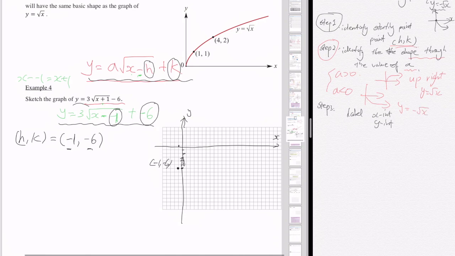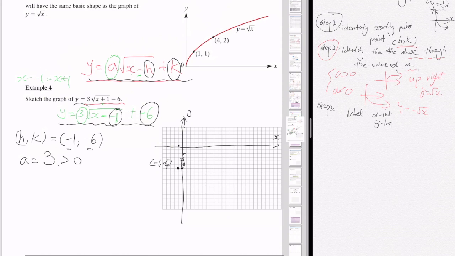Now coming back to our example 4. Here is my a. a is the one outside of the square root, so a is equal to 3. So I can say a equal to 3, which is larger than 0.